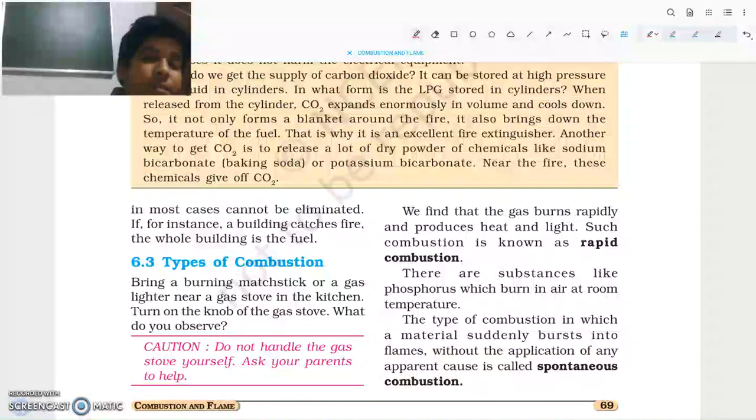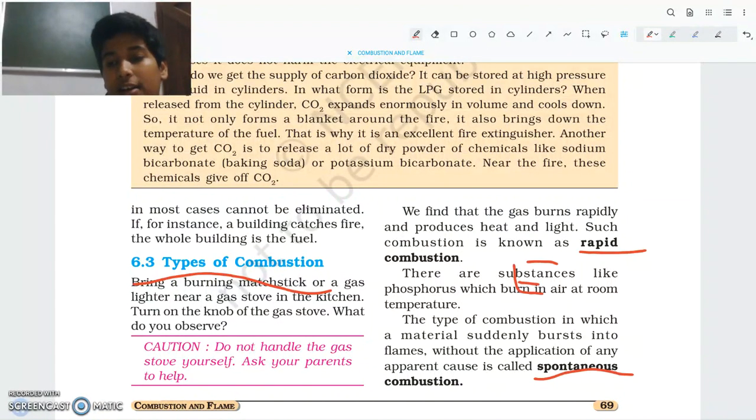Now types of combustion: one is rapid, one is spontaneous, and the third is explosion. Okay, so explosion combustion. Rapid combustion: you would see the glass stove, and it burns rapidly. It does not stop. Spontaneous is that it suddenly burns. Like in rapid combustion, it burns with good pressure, and we know that it would burn now, and it burns rapidly.